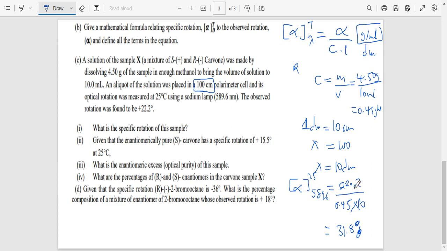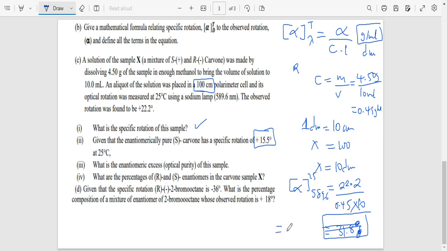All right, so this is going to be the specific rotation. Now the second one, given that the enantiomerically pure one, which is the S, has a specific rotation of 15.5. Now this is the calculated one coming from the mixture. Actually, my punching, I've gotten another value.